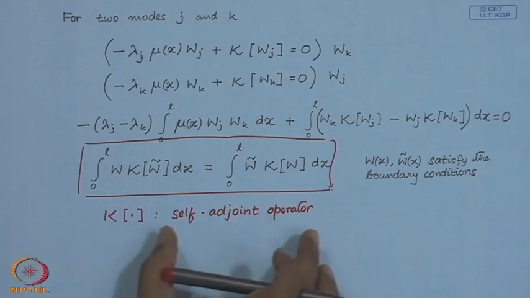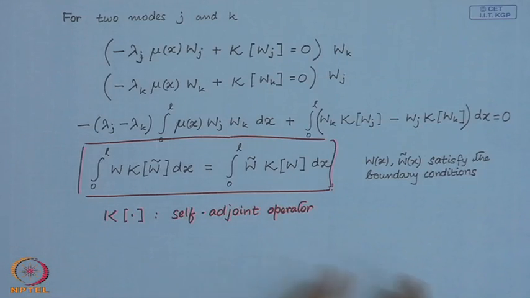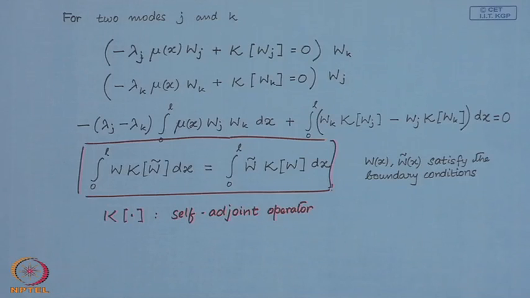So, self adjointness of the stiffness operator is nothing but the symmetry of the corresponding stiffness matrix. So, what are the consequences of this symmetry?